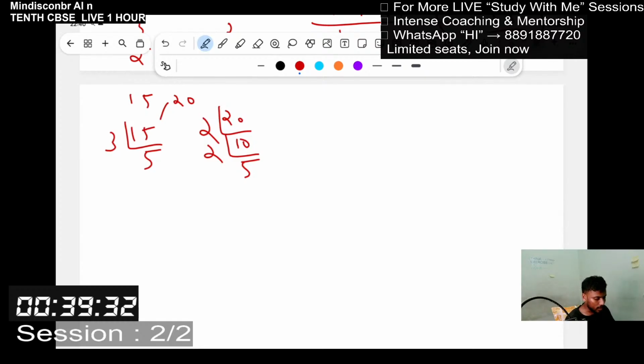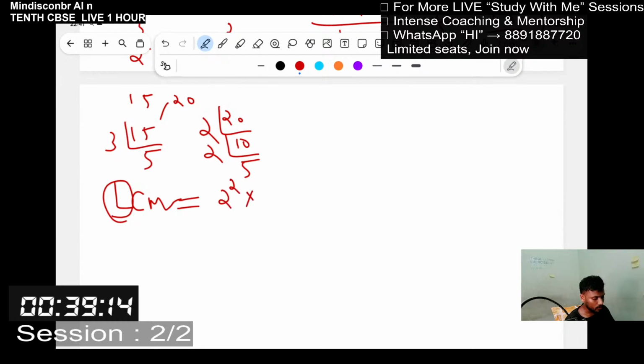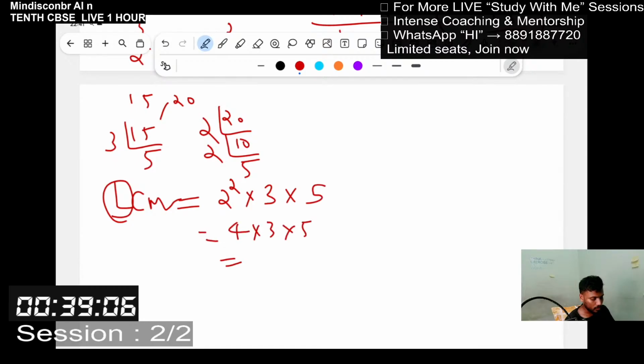Coming to LCM, lowest common multiple, here we designate common factors, and since it is lowest, we will take the highest value. 3 is there. In 2, the highest value is 2 square, into 3 and 5. So 4 into 3 into 5 is equal to 12 into 5, 60.